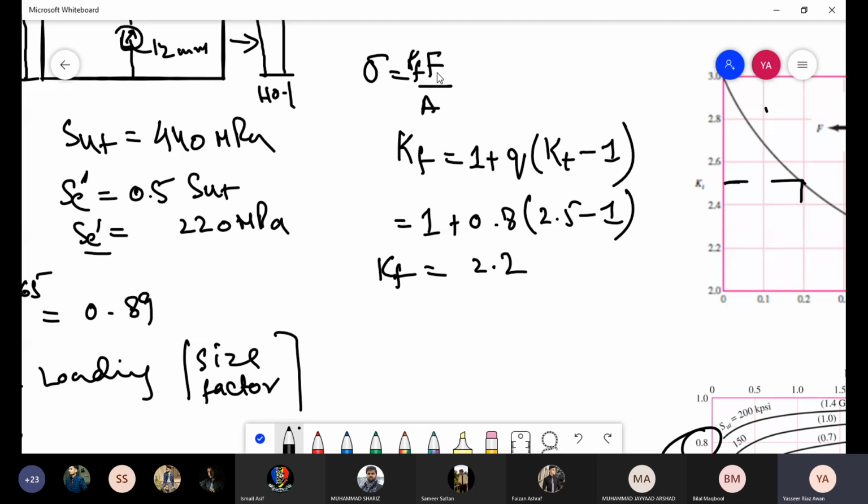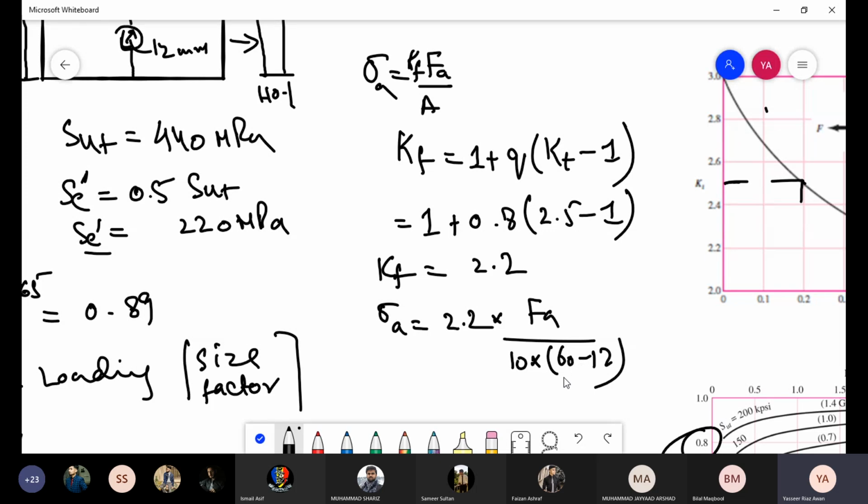So the stress produced by this load, A is for alternating. So A would be 2.2 into FA that we have to find, divided by this load area. Obviously, the area we would take the minimum area, and that is in the vicinity of the hole.